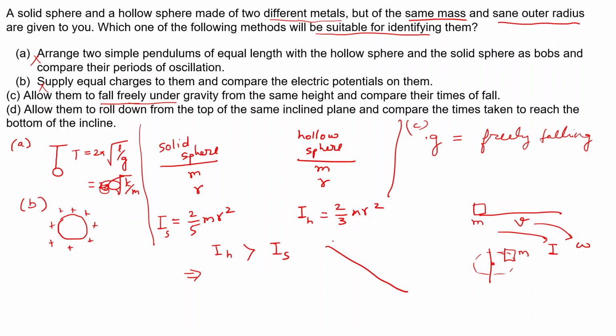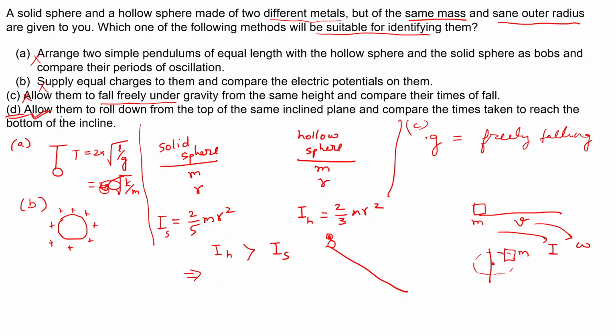Imagine in parallel we have kept the solid and hollow spheres on the same position and they are rolling down. Because moment of inertia of the hollow sphere is more, first the solid sphere will reach and then the hollow sphere will reach. So based on this, we will be able to tell which one is hollow and which one is solid without touching it or weighing it, just by observing it. So B is the correct answer.